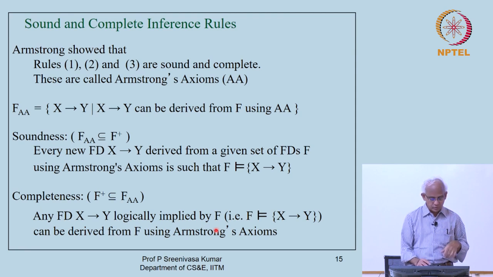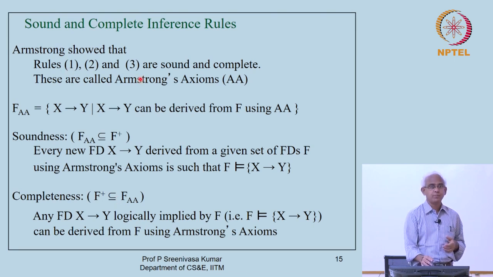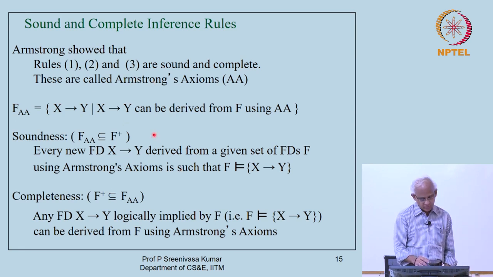If you are able to show these two things, then we have made a really strong statement about Armstrong's axioms, that these rules are enough. Do not look around for new rules. That is a very nice property of Armstrong's axioms. In the next lecture, I will prove that the soundness and completeness of Armstrong's axioms indeed hold.